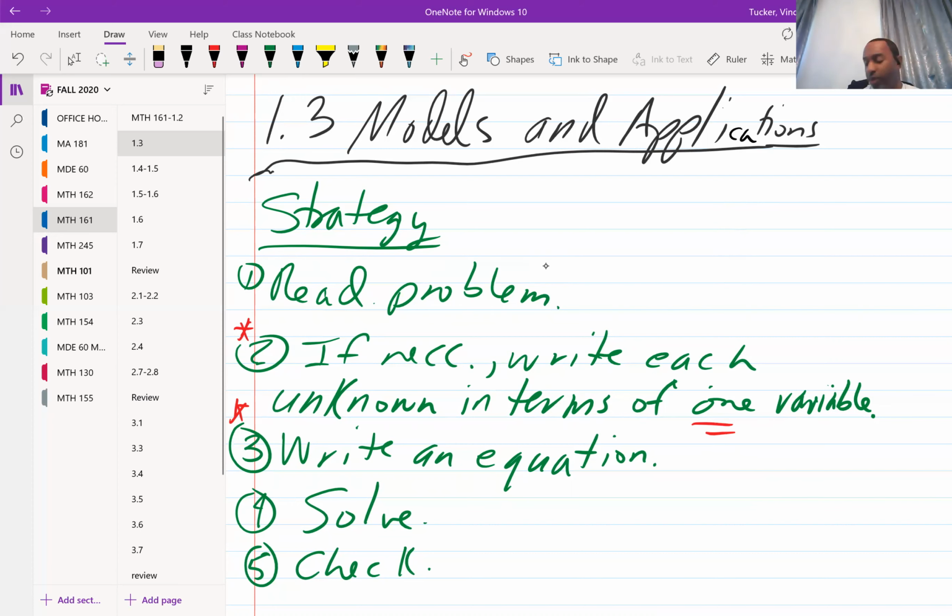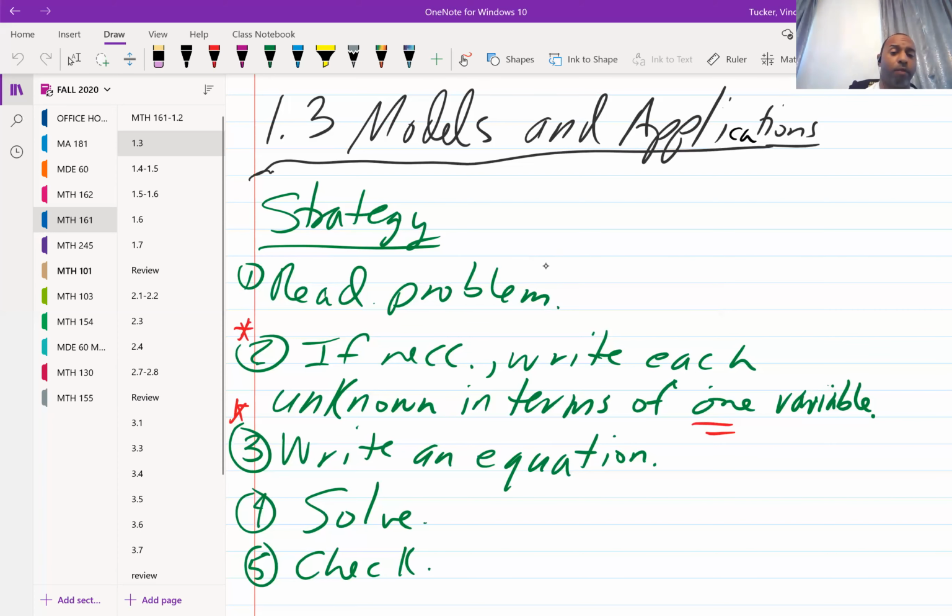The more variables you introduce, the more equations you're going to need in order to solve. You would have to create a system of equations, which we're not trying to do in this section. So every problem you get, you will be able to write all of your unknowns in terms of one variable. Then you write an equation, solve that equation, and then check.